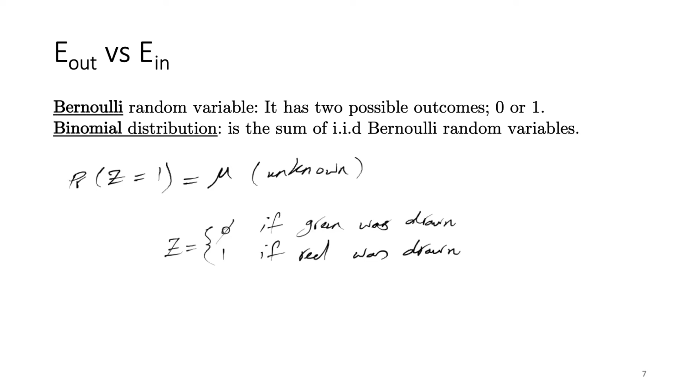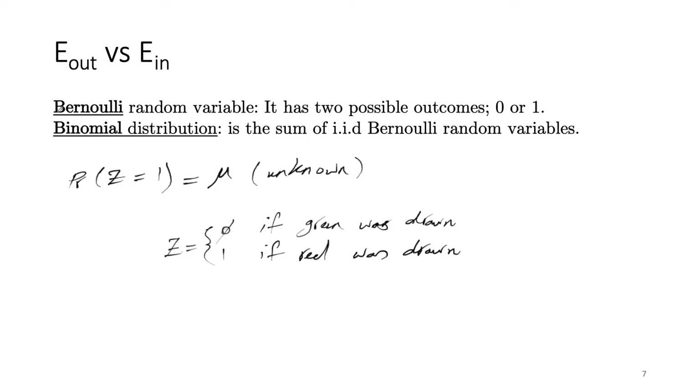Okay. So let's define a Z, which is a random outcome. The probability of Z equal to 1 is mu, some mu which is unknown. What does Z stand for here? Going back to that jar of marbles, Z is going to be 0 if green was drawn, and Z is going to be 1 if red was drawn.